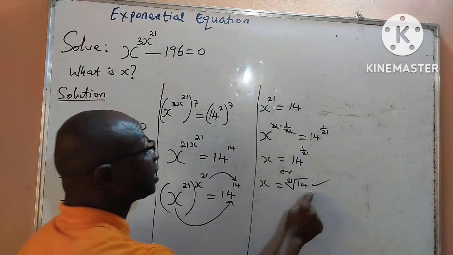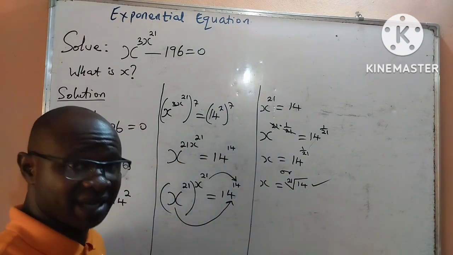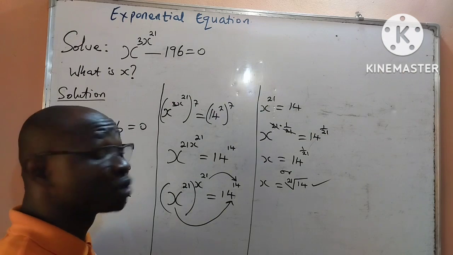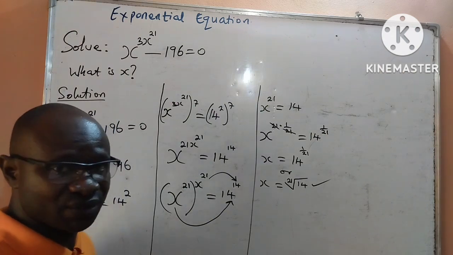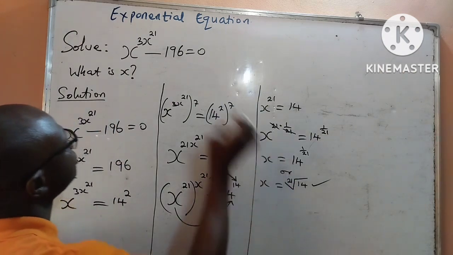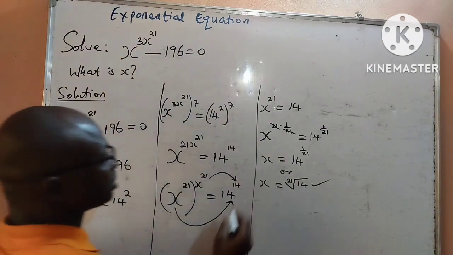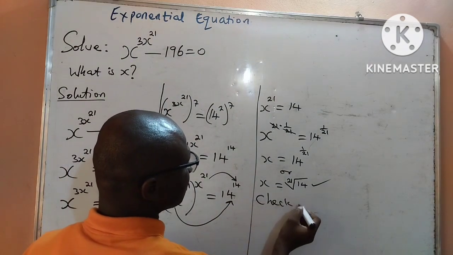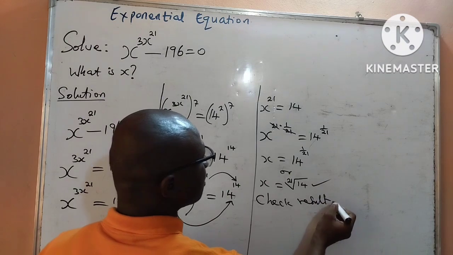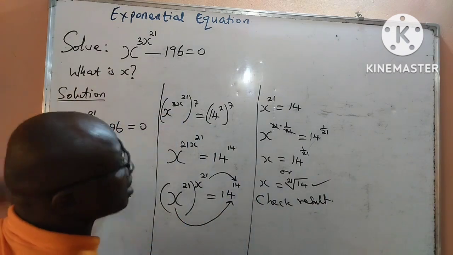This is the real root, and there are other 20 imaginary roots. Therefore, working with the real root for substitution, check result.